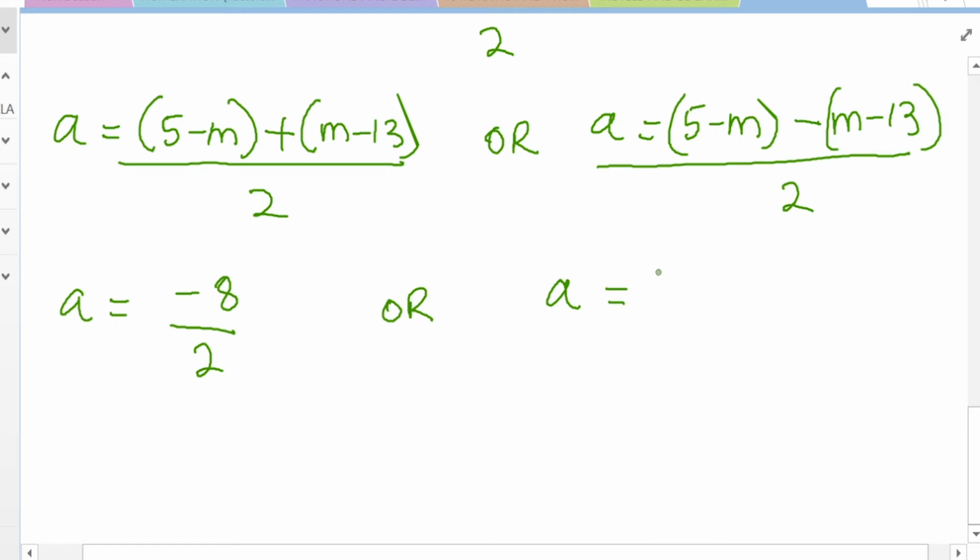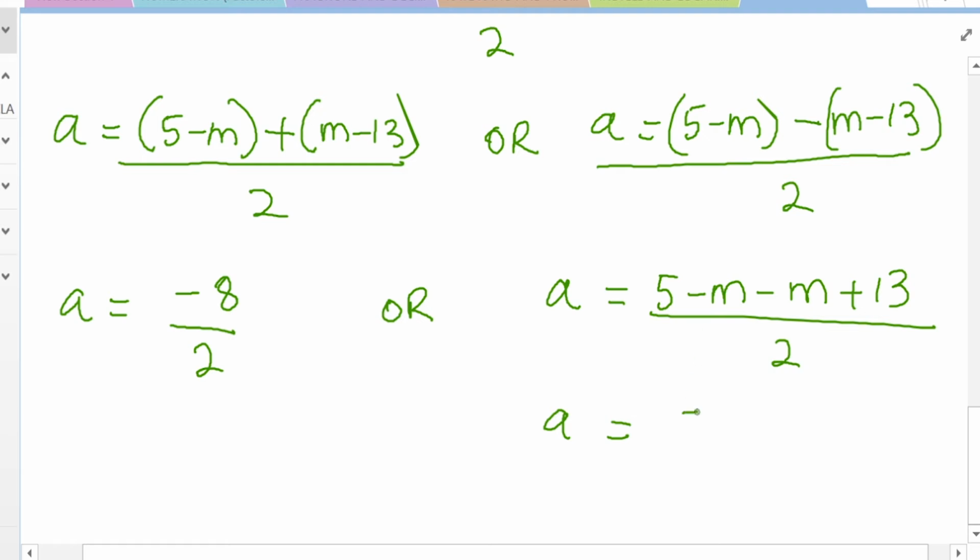Of course, this is 5 minus m plus 13 over 2. This is going to become, our value of a here will be 5 plus 13 is 18, minus 2m over 2.